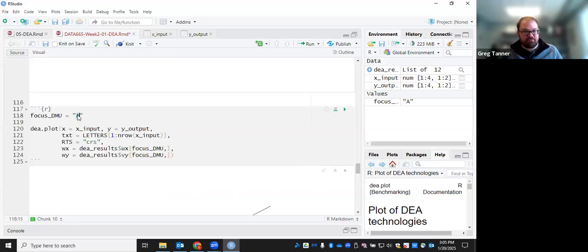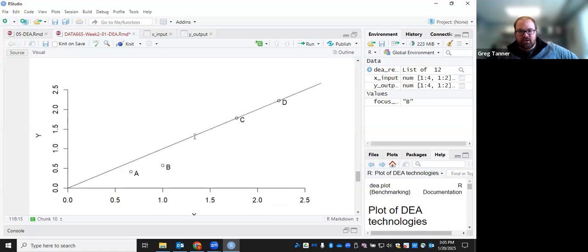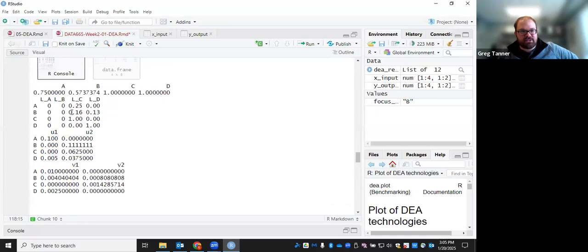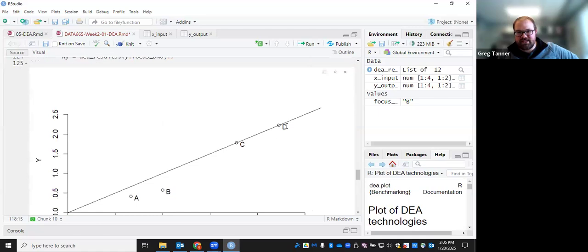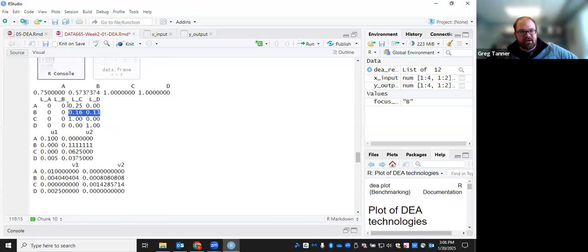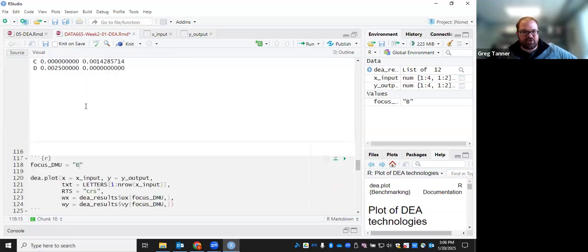We can look at B. Notice that B uses a combination of both C and D, and so it views both C and D as efficient in its metrics. Whereas A used only C as its target, and so only C was on the efficiency boundary.